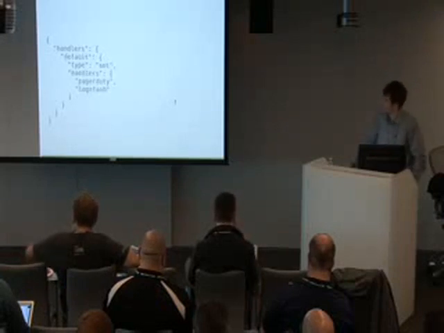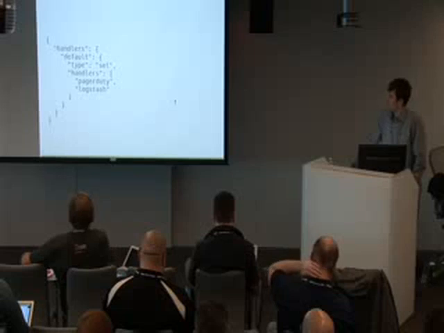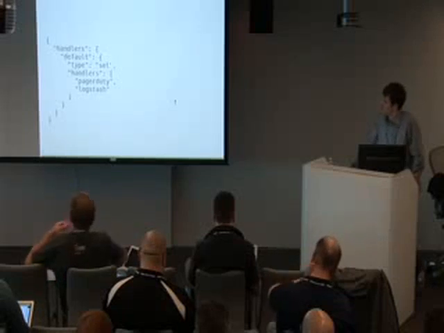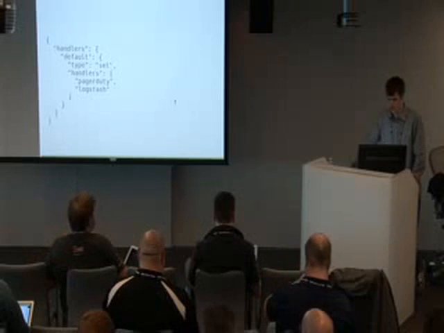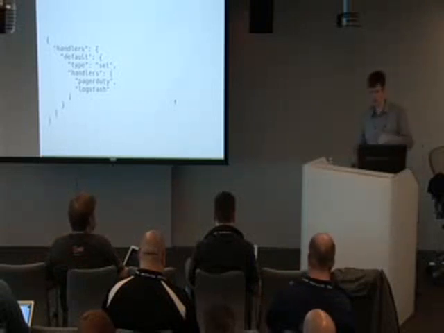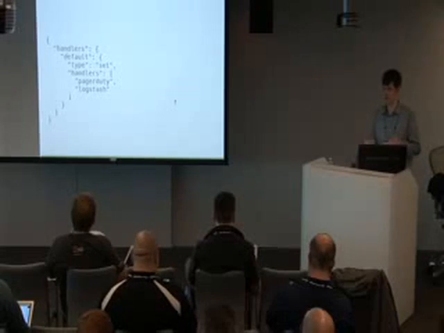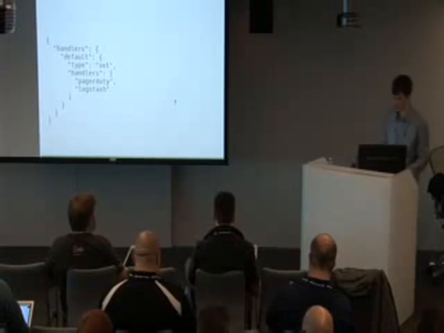And here's a set. If in your check definition you haven't specified a handler, this is just the default handler, so any event that doesn't have a check that specifies its handler will go to PagerDuty and Logstash as the default handler.